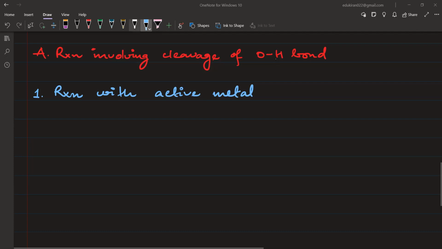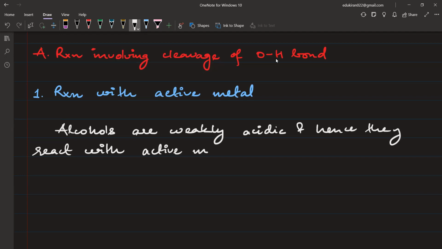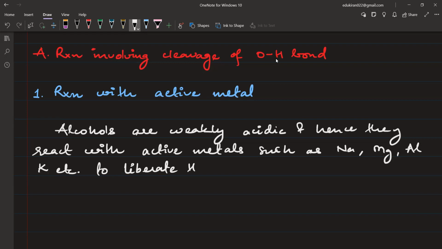So please write, alcohols are weakly acidic, and hence they react with active metals such as sodium, magnesium, aluminium, potassium, etc. to liberate hydrogen gas and form corresponding alkoxide.